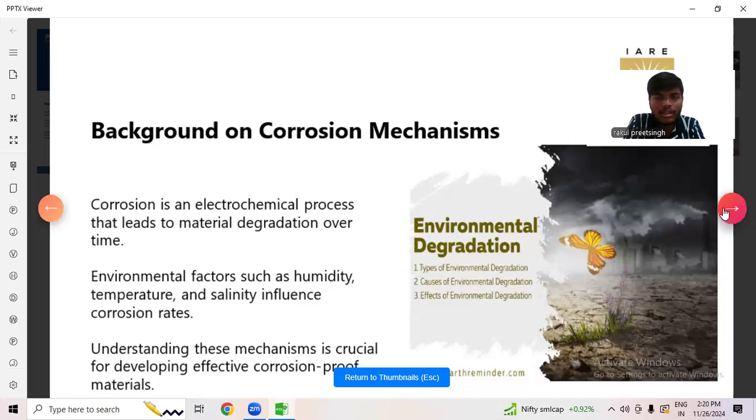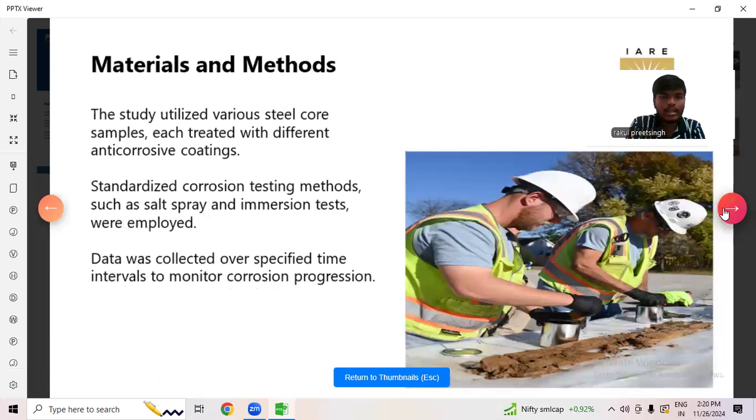And next is materials and methods. The study utilized various steel core samples, each treated with different anti-corrosive coatings. Standardized corrosion testing methods such as salt spray and immersion tests were employed.